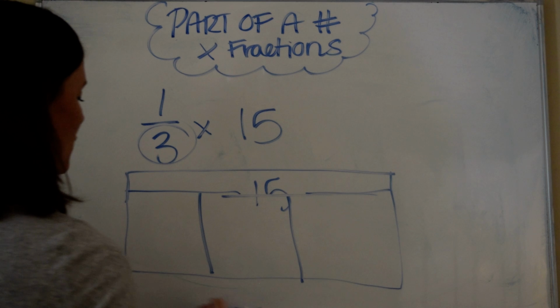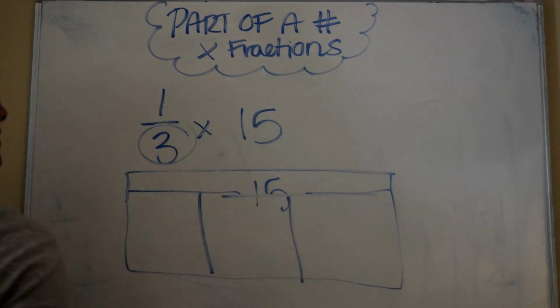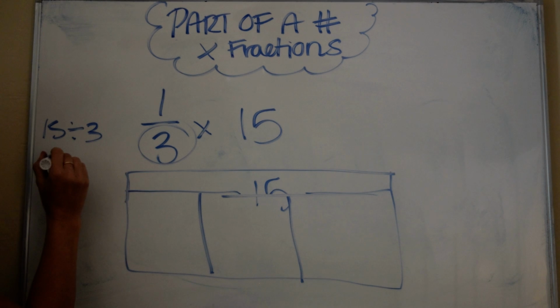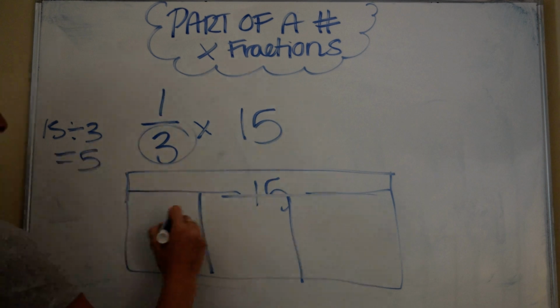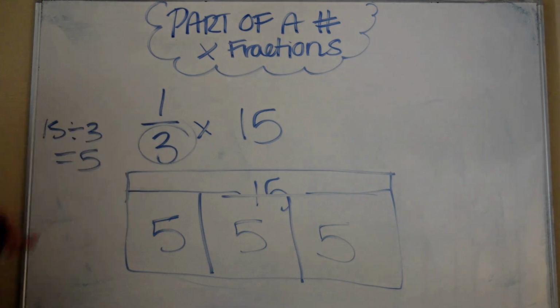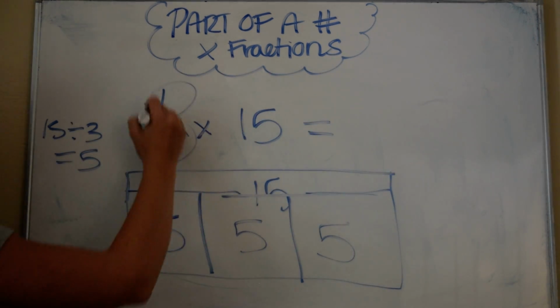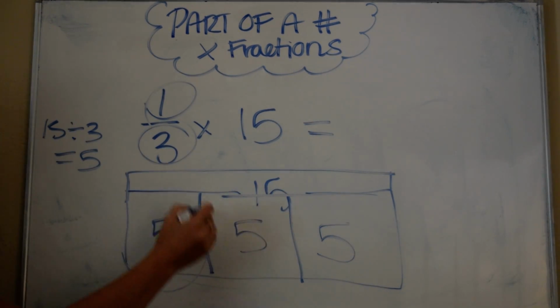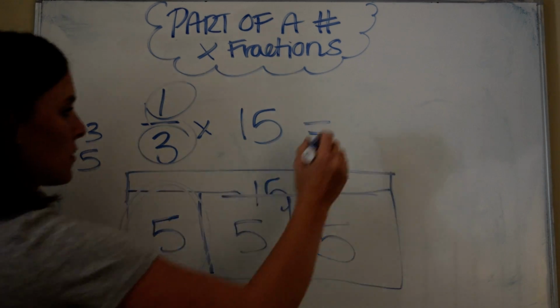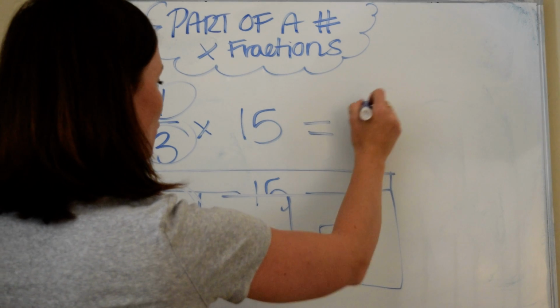And now I need to figure out how much is in each piece. So you do 15 divided by the denominator, 3, which is 5. So that means that each box is worth 5. And my question is, what is 1/3 of that? What is the value of one of them? The value of just one is 5. So our answer comes out to 5.